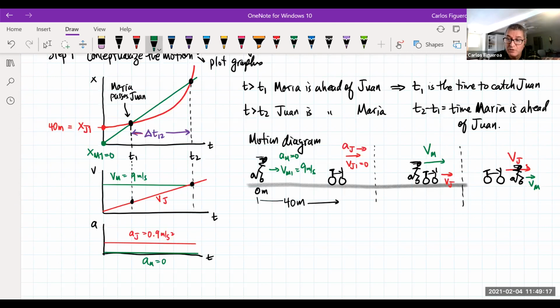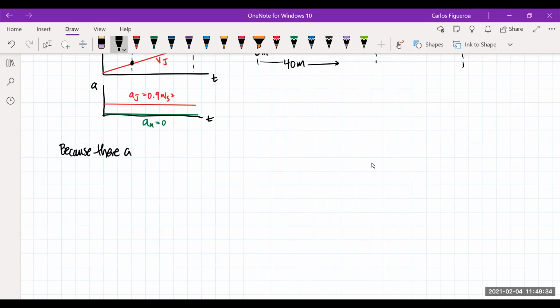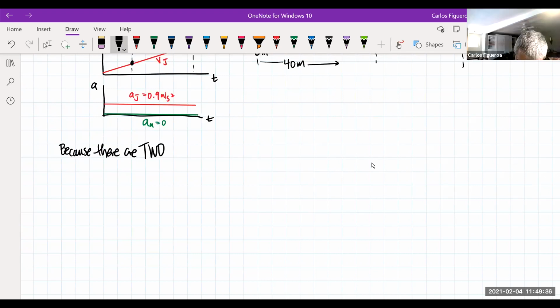Okay, we have 2 motions. So if we have 2 motions, what we want to do here is set up 2 tables, because there are 2 motions.